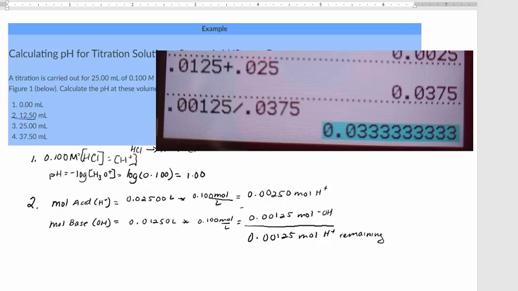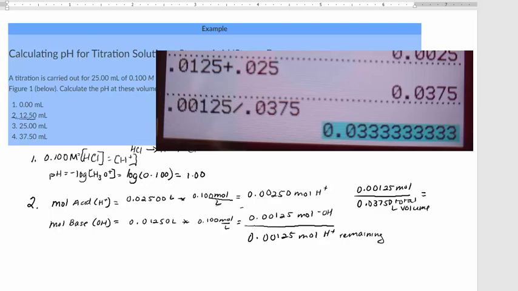In order to find the pH, I need to have that concentration. So I'm going to take that amount of moles that are remaining and I will divide it by the total volume in liters. And at this point, I had 25 milliliters of acid. I have 12.5 milliliters of base, for a total volume of 37.5 milliliters.